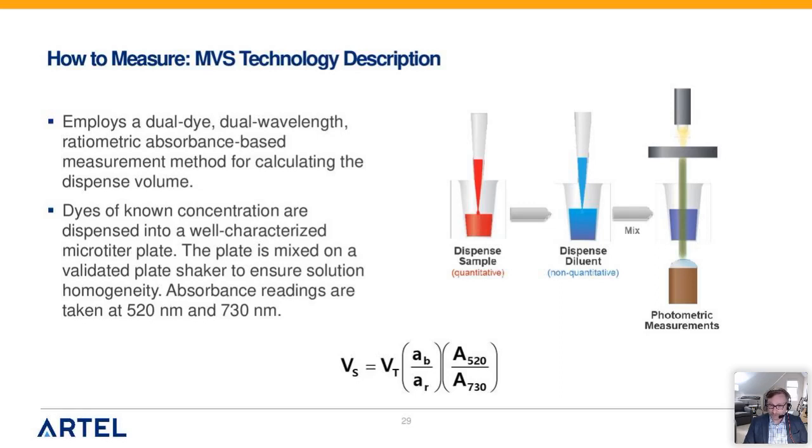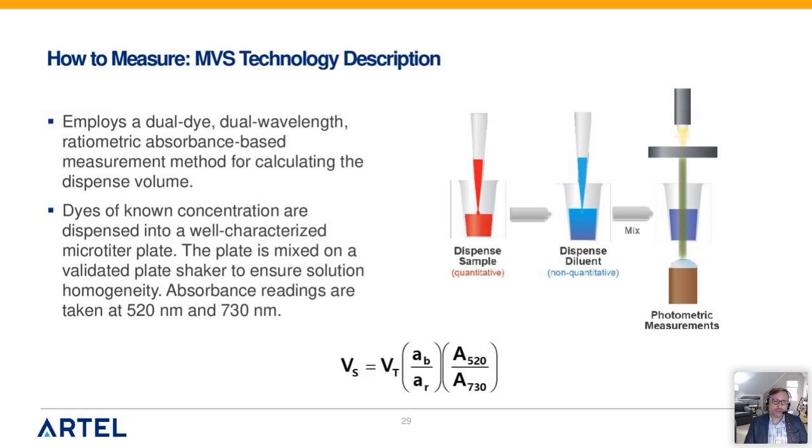That's the non-quantitative part. And what that does is it brings the volume up all to an approximate equal level. So what you're doing here is really quantitatively measuring the red, and the blue dye is really giving you that path length determination. And then you measure the absorbances at both the red and the blue dye.